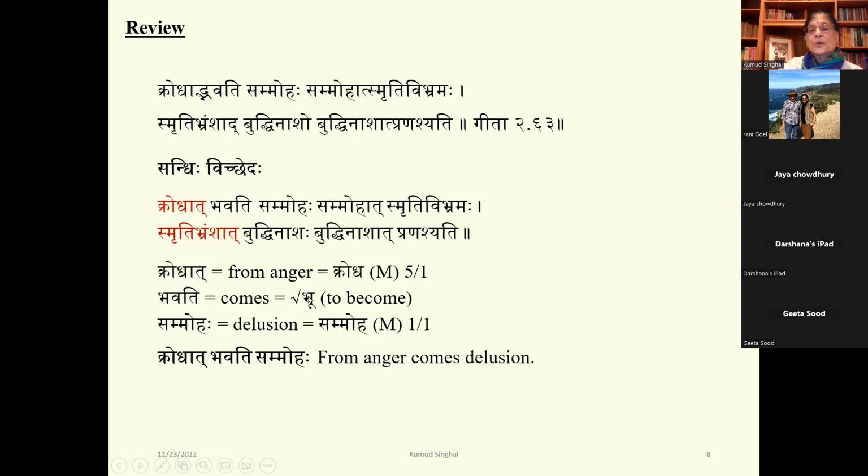Bhavati, the verb is bhu, which means to become, or here it means comes. Sammoha means delusion, and the Pratipadikam is sammoha, which is a masculine Pratipadikam ending in a. So this is in Prathama Vibhakti Ekavachanam, like Rama. So krodhat bhavati sammoha. From anger comes delusion.